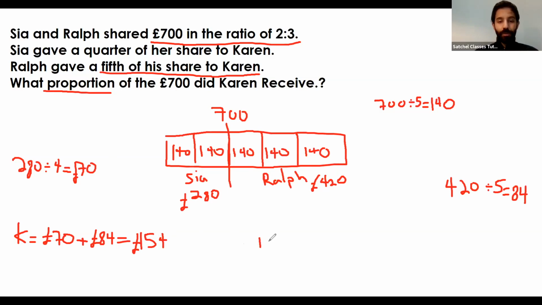So that's 154 out of 700 as the proportion, and this will be our answer, which can be simplified further, but you can leave it like this as the question doesn't ask you to simplify it. However, it is good practice to simplify your answer where you can. Okay, so moving on.